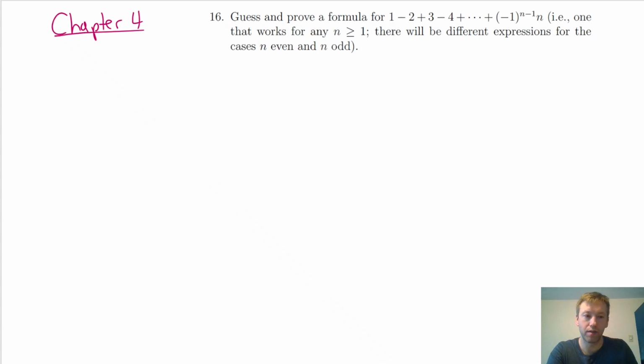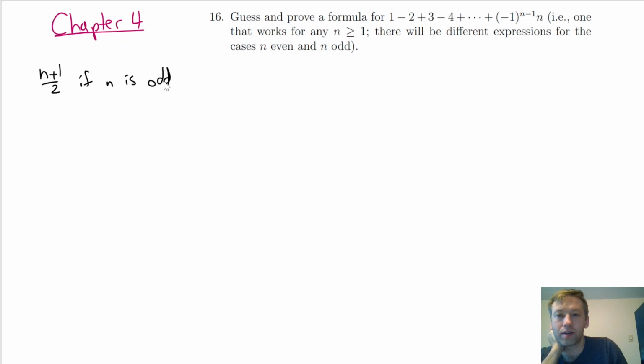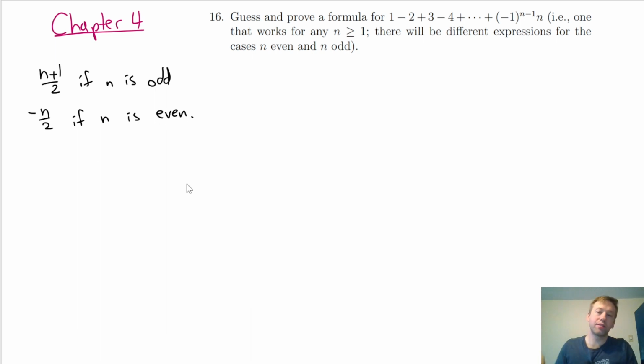So, okay, so to make our life a little bit easier in proving this, let me, I guess, turn it into a slightly different statement. So what we've kind of determined is that the answer should be n plus 1 over 2 if n is odd, and negative n over 2 if n is even, which is admittedly kind of an annoying expression.